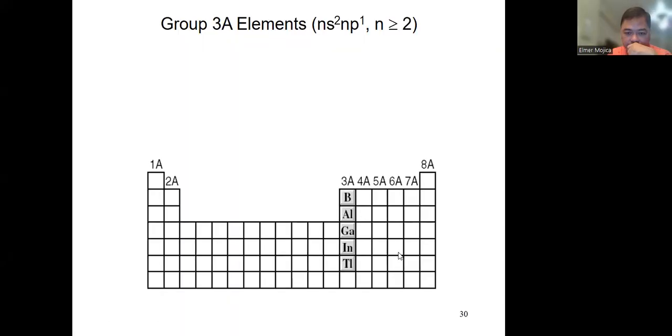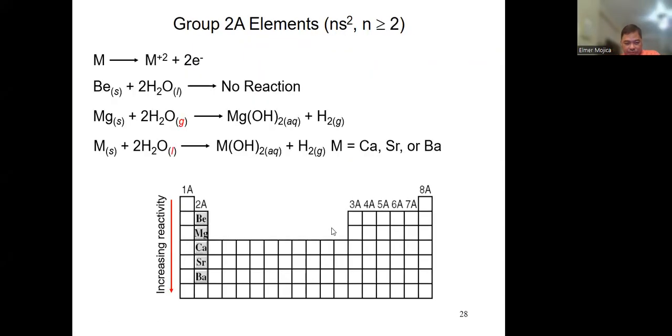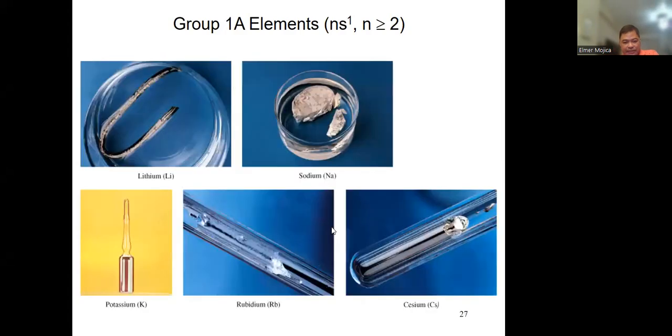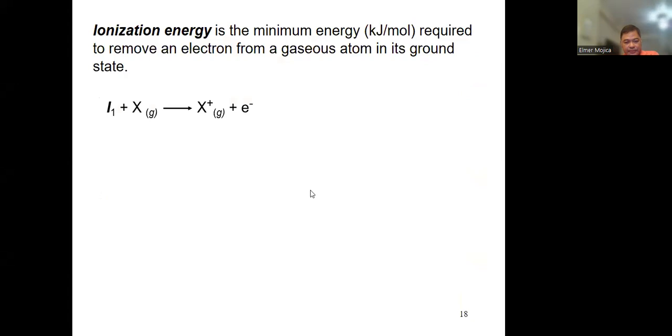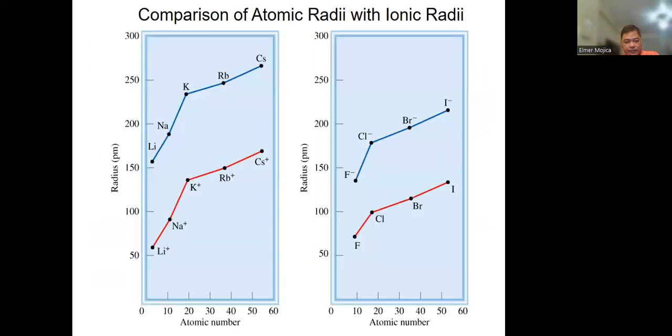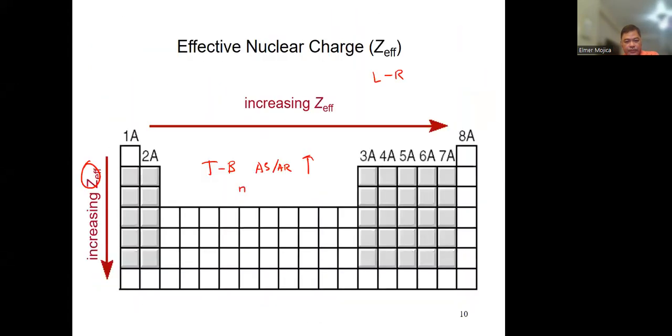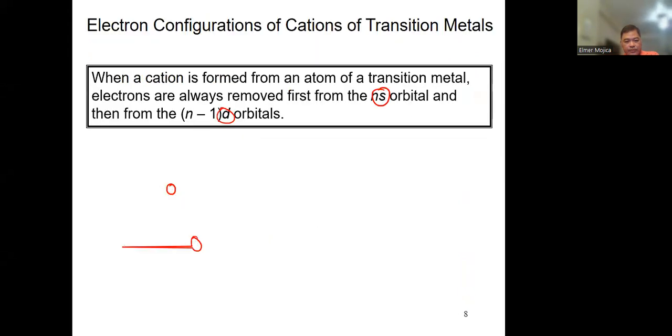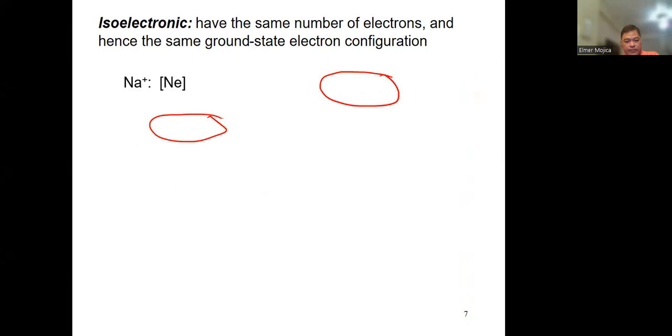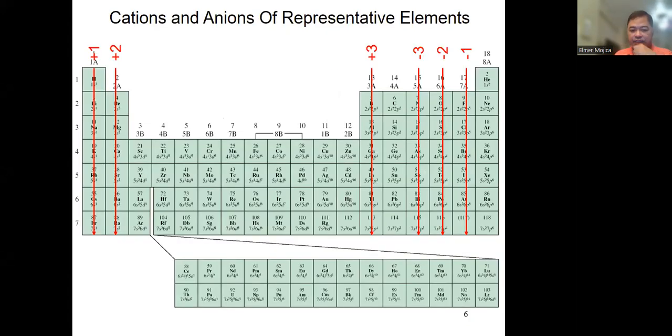So if you're going to look at the periodic table, nasa na ba yung platinum? Hanapin natin. Okay, so platinum would be here, right? Yes po.